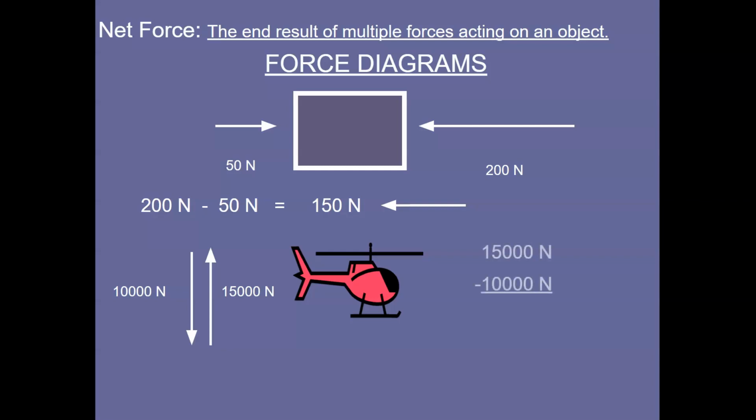So here we have the math to show us how much is left over. 15,000 newtons minus 10,000 newtons is going to leave us 5,000 newtons of force, and we're going to be moving in the upward direction. So force diagrams are another great way for us to represent what is happening in terms of motion. Now remember that in order to have motion, you have to have unbalanced or not equal forces. So you can use force diagrams to represent no motion, but you would have those equal forces there.